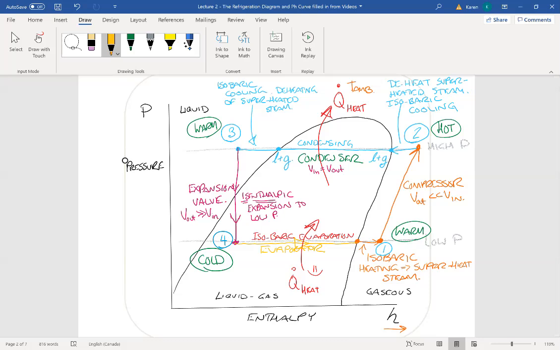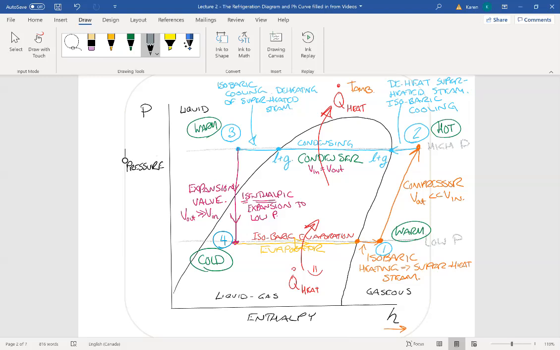So here on our diagram, we saw that we have a low pressure side and we have a high pressure side. We started with the thermodynamic curve where we have liquid and gas and a gaseous state of a refrigerant going through the refrigeration cycle. We anchored ourselves by looking at where is it low pressure, where is it high pressure, and we thought through, what does a compressor do?